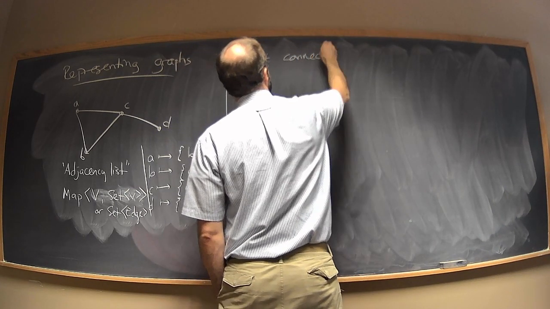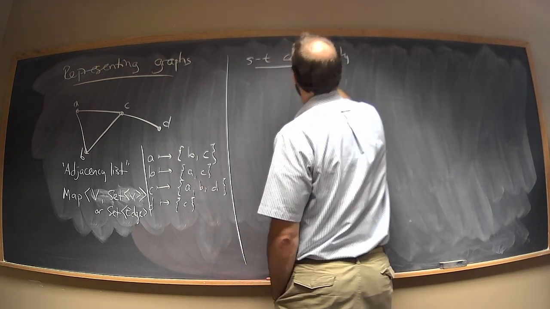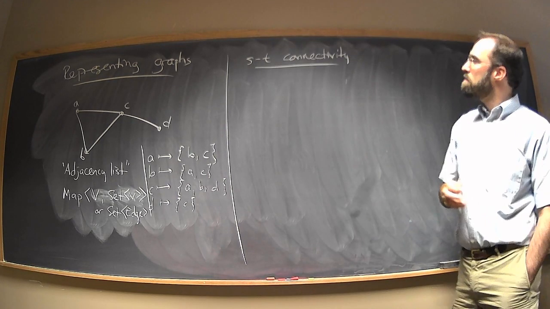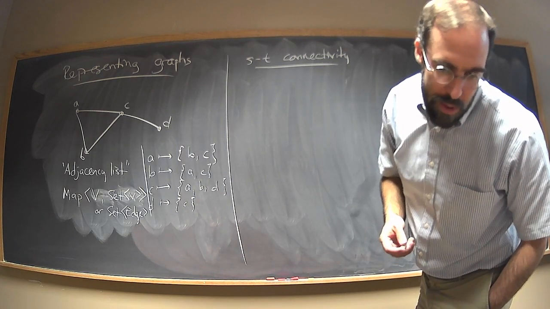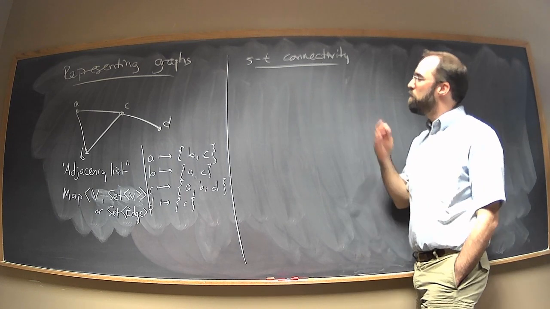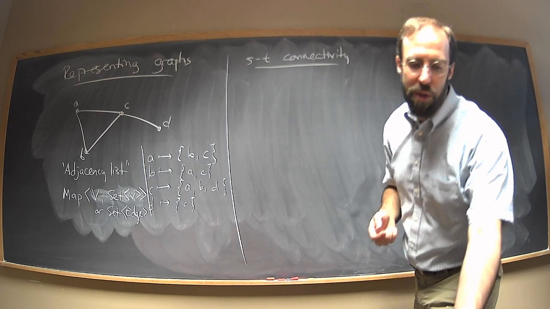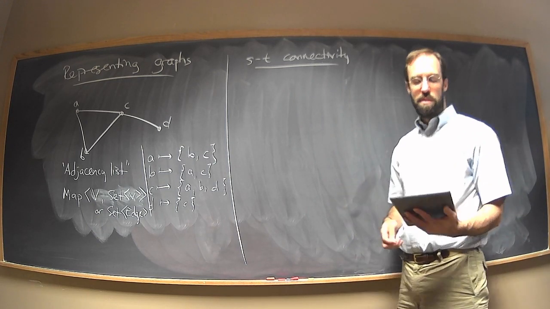So we're going to look at something called the ST connectivity problem. It's a fundamental question, or a set of related fundamental questions, we can ask about a graph. And we're going to see that Breadth-First Search is the algorithm that is going to answer these questions for us.